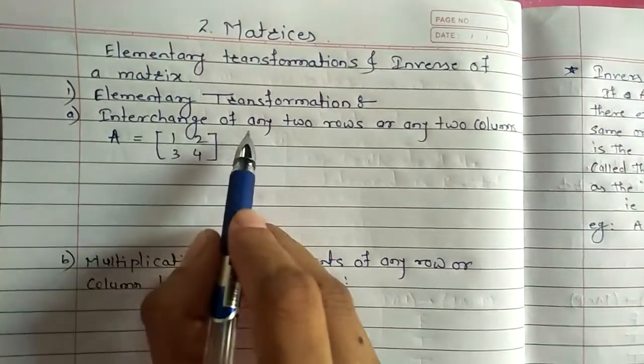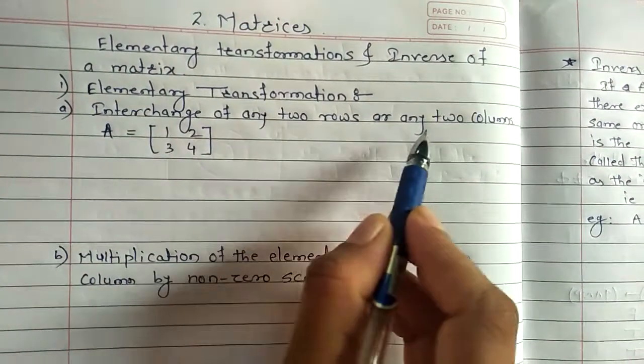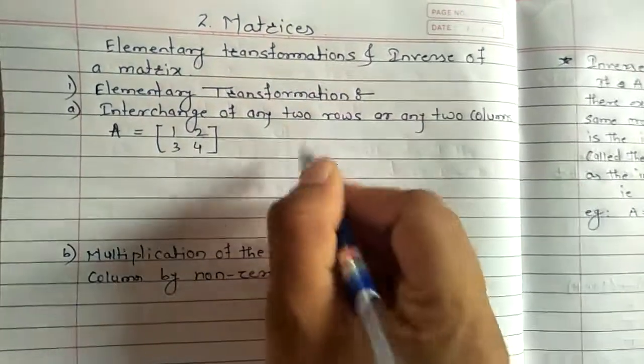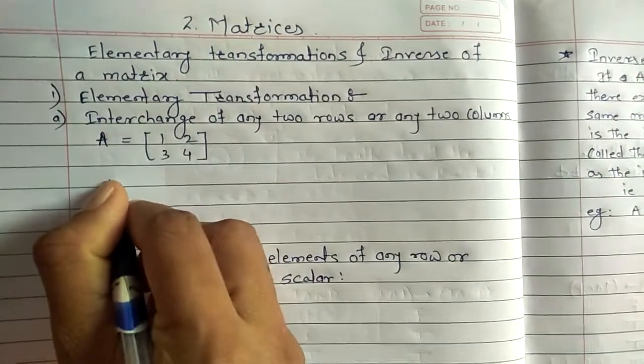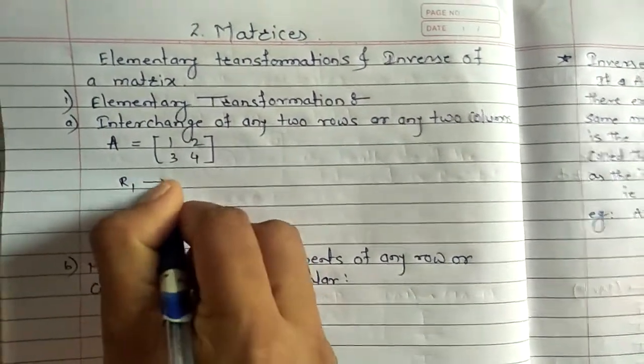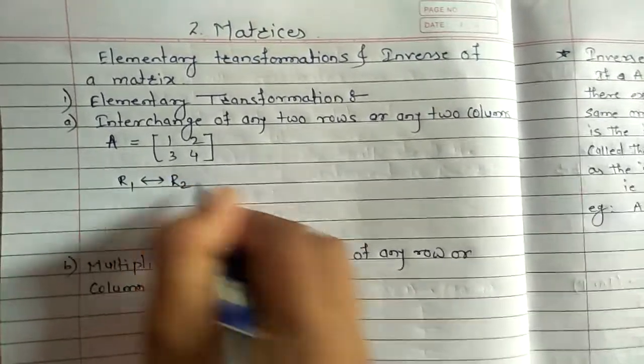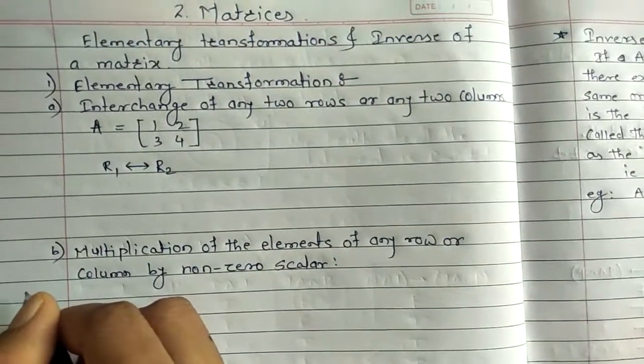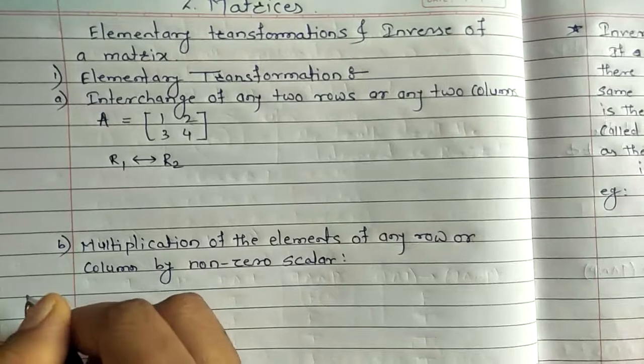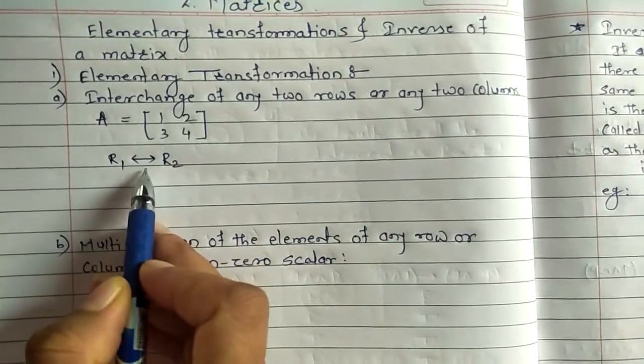So we have to interchange any two rows or any two columns. Let us apply the operation R1 interchange to R2, which is the symbol of interchange.